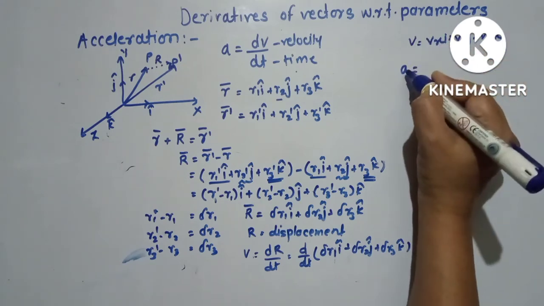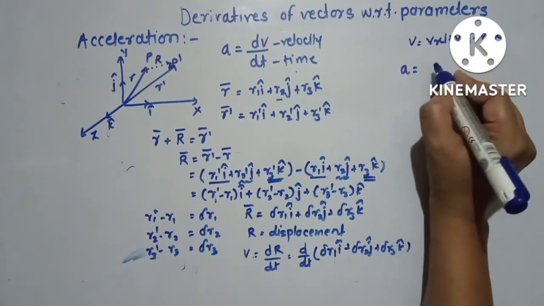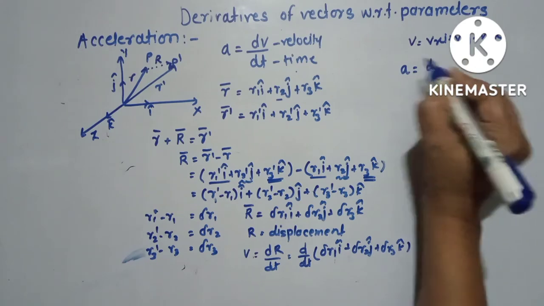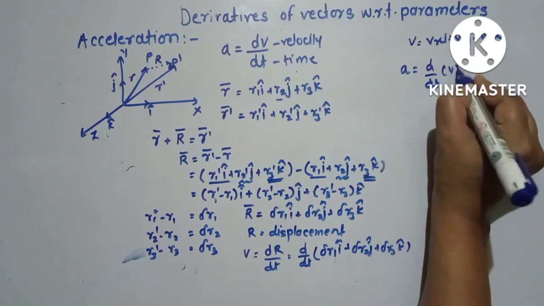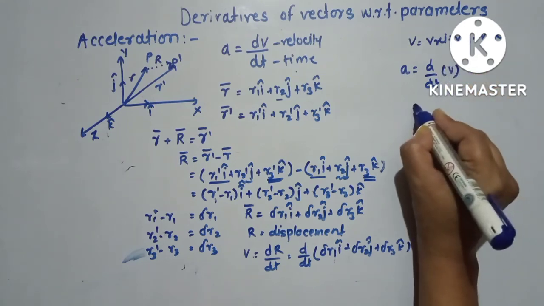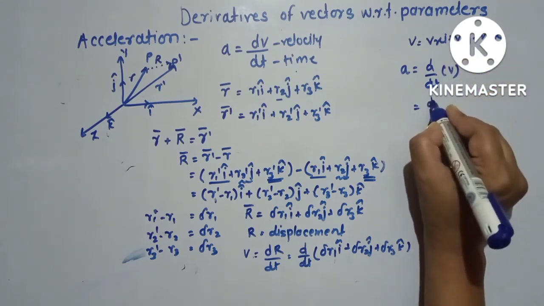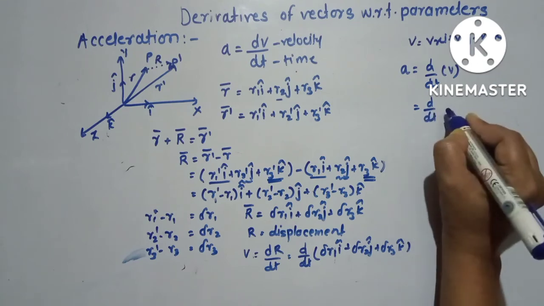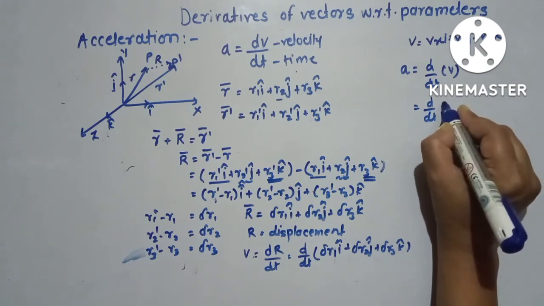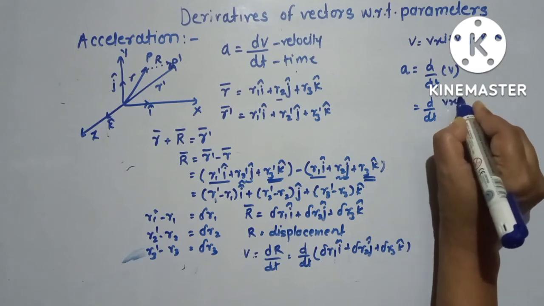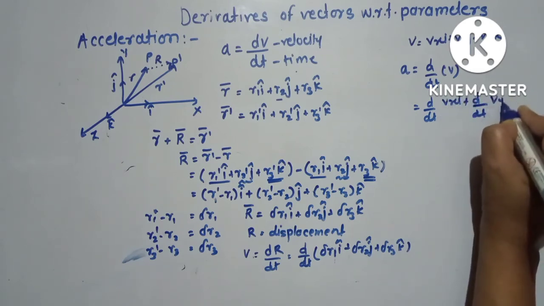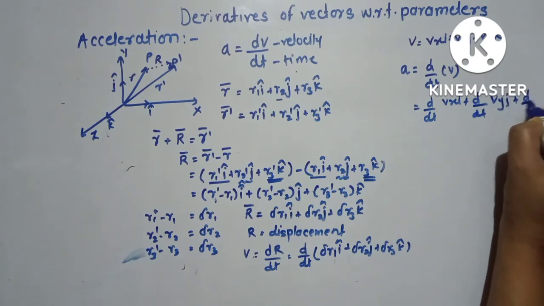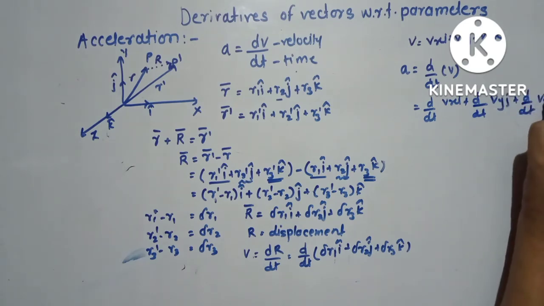From the definition of acceleration, we know that acceleration is the derivative of the velocity with respect to time. Putting in the value of velocity, we get d by dt of vx i plus d by dt of vy j plus d by dt of vz k.